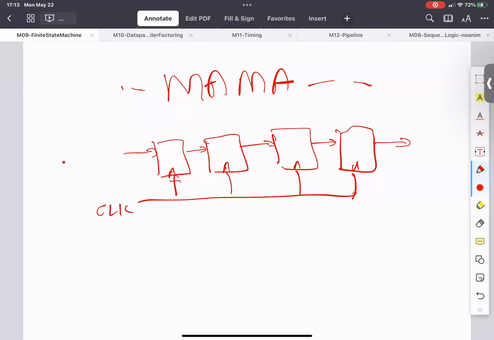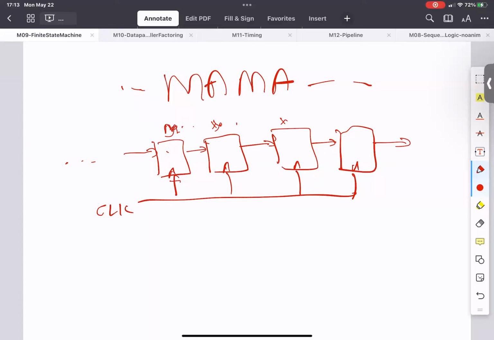Now, what will happen? Let's imagine the characters come in this way: first X, then Y, then M, A. First X will come here, then X will move out here, Y will come here, then X will move out here, Y will move here, M will come here.